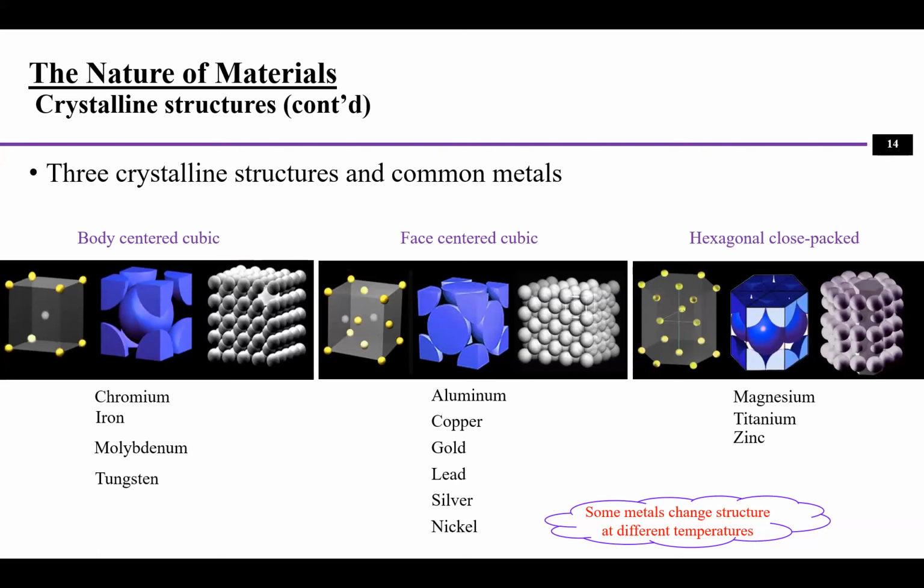Something to note is that when you give those materials a higher temperature, they actually start to change their crystalline structure. Maybe some of the materials will change from face-centered to body-centered. And if you keep elevating the temperature, maybe it will change from body-centered back to face-centered.